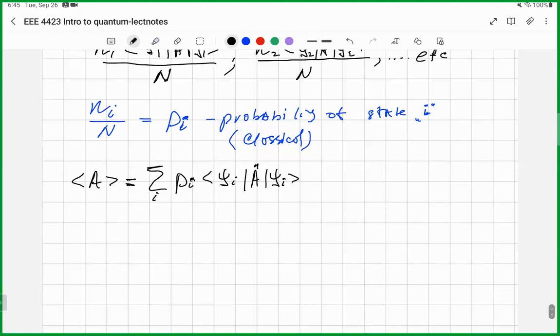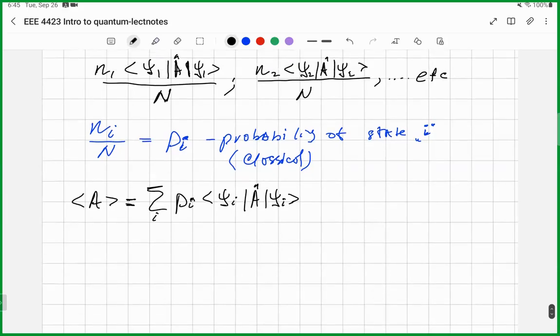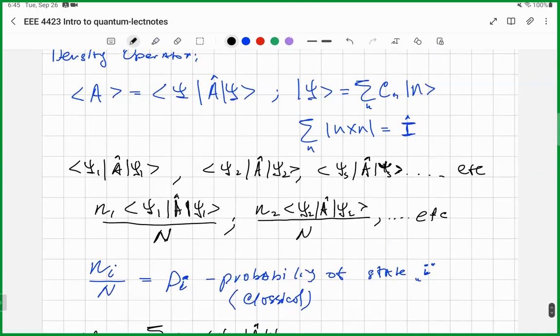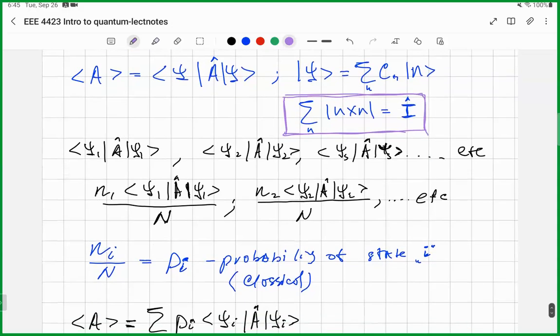Okay, and now I want to rewrite this expression somewhat, and I'm going to use this formula here: the expression of the identity matrix through the outer product of basis vectors.